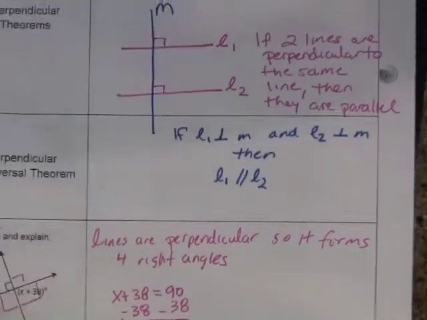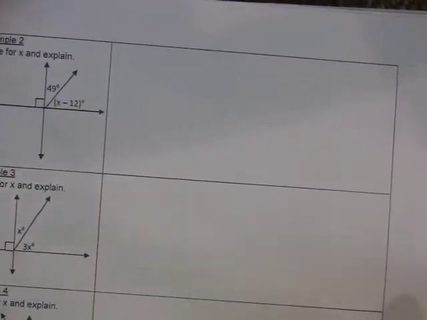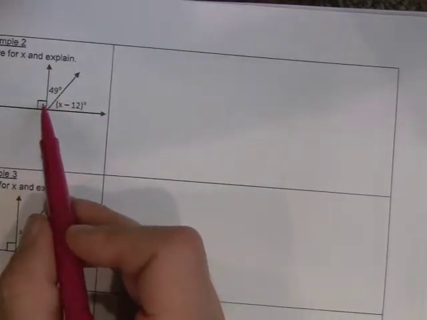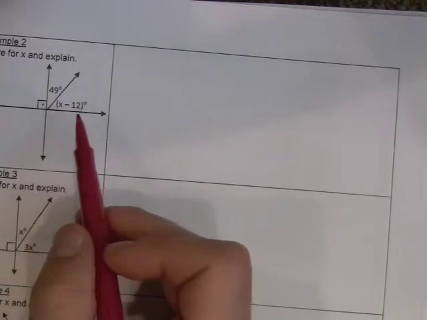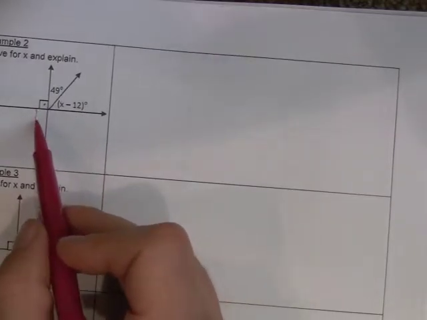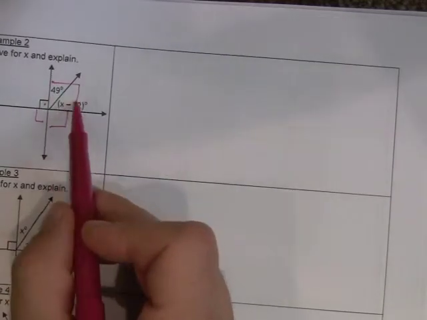Okay. So flipping over to example number 2, again, you see that this is 90 degrees here. So if this is 90 degrees, it means the lines are perpendicular, which means all these angles here are 90 degrees.